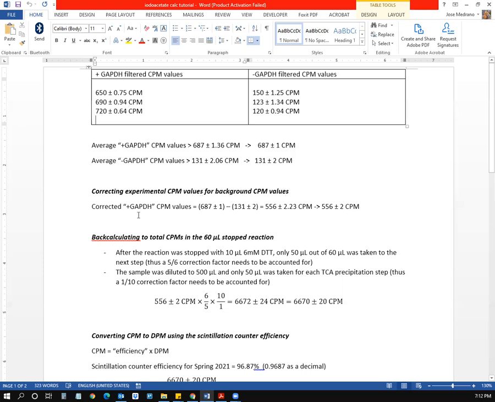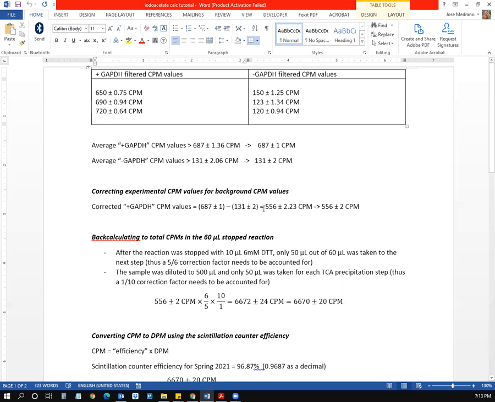The way that you're going to do this is you're going to take your average plus GAPDH CPM values from the previous step, and then subtract out the negative control, or the background, minus GAPDH CPM values, the average that was pre-calculated before.